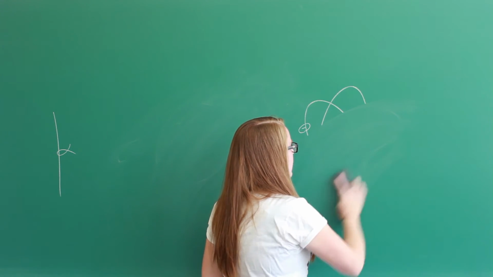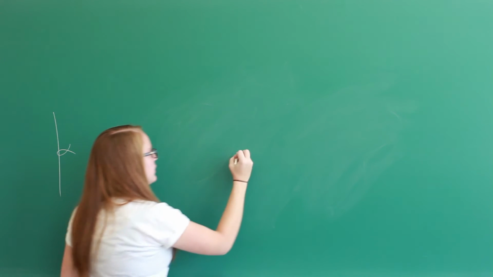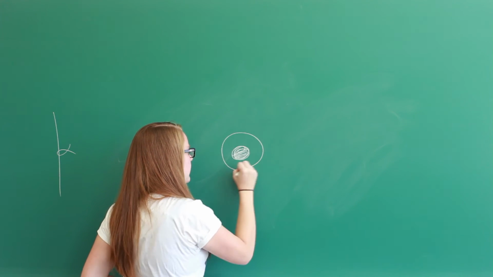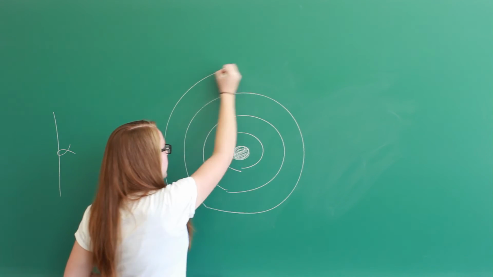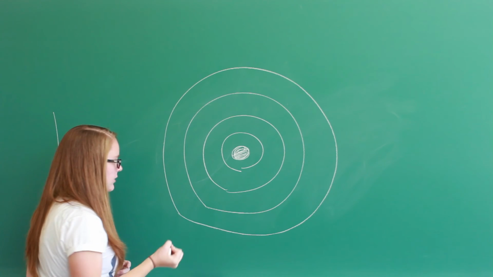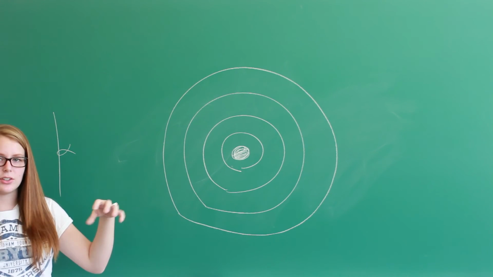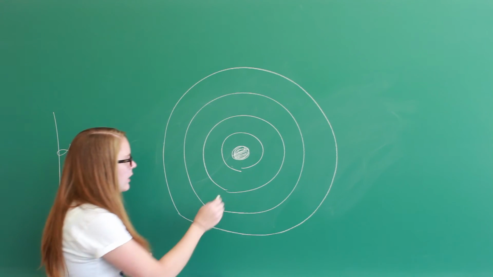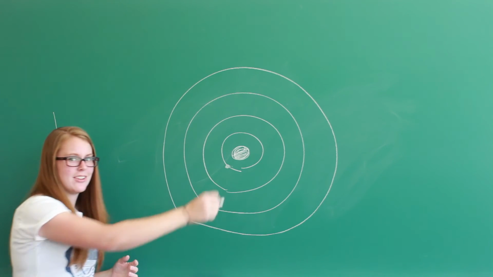So a guy by the name of Bohr came up with a modified solar system model. We have our nucleus in the middle, and we now have energy levels on the outside. The lines closest to the nucleus are the lowest energy levels, and the ones on the outside are the highest. So we have an electron that's orbiting around on the lowest energy level.